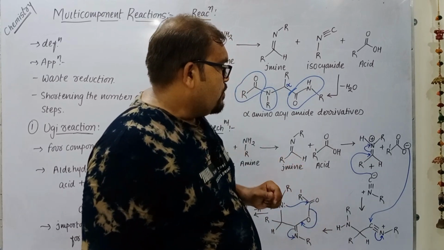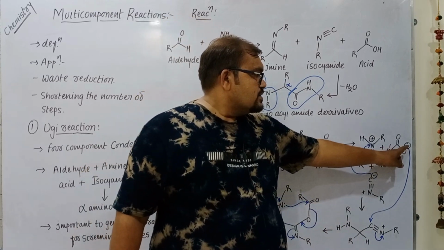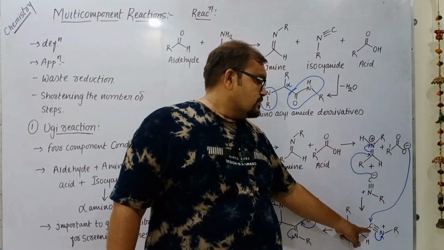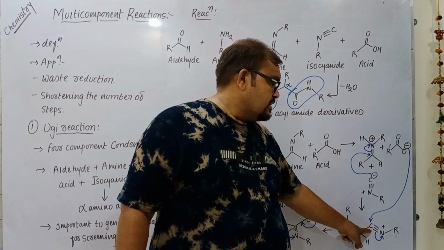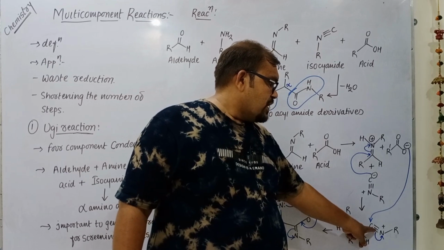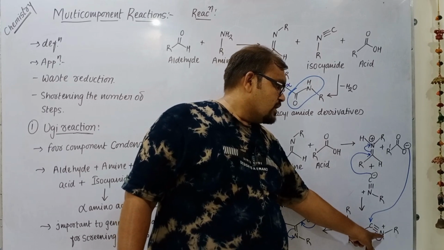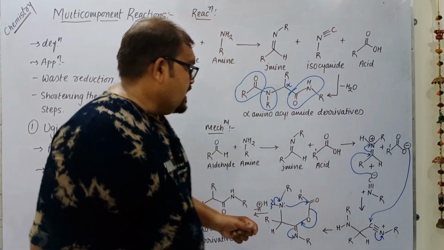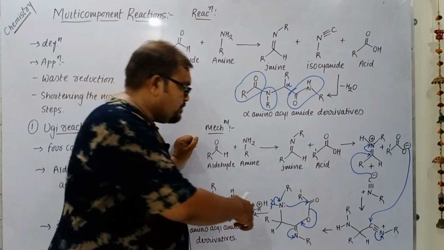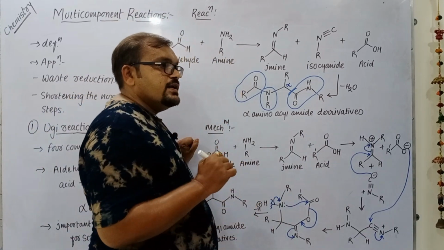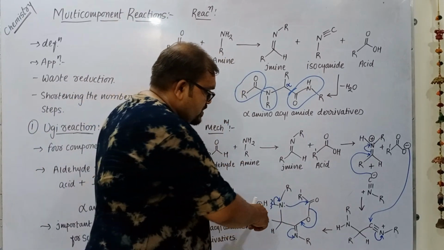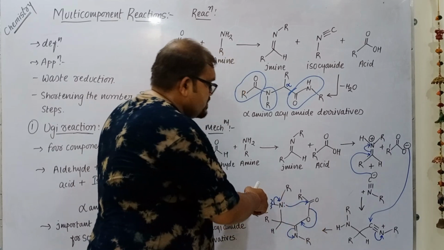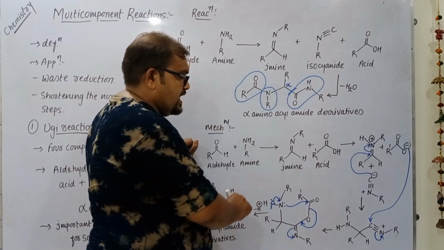In the next step, this negatively charged oxygen of acetate will attack the carbon of isocyanide, due to which this pi bonding electron will be shifted over nitrogen to satisfy the charge of nitrogen, and we will get such type of intermediate. Now in the next step, this hydrogen which is attached to the nitrogen is lost in the form of H plus.